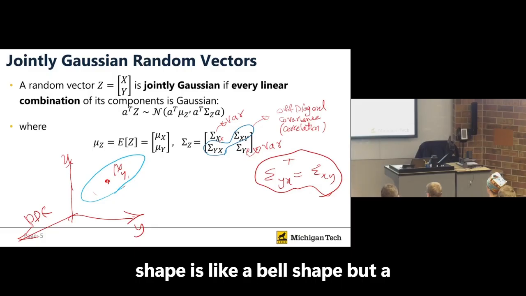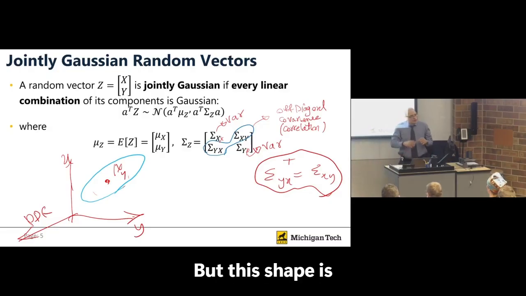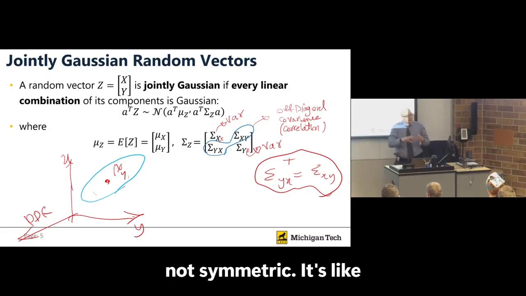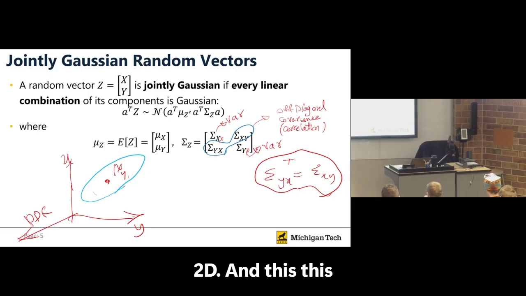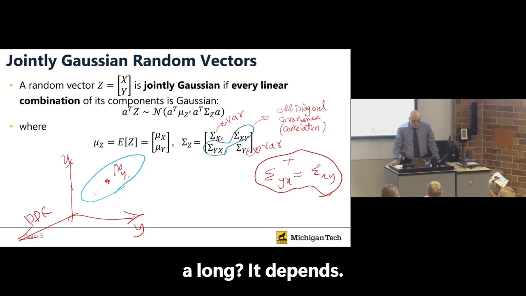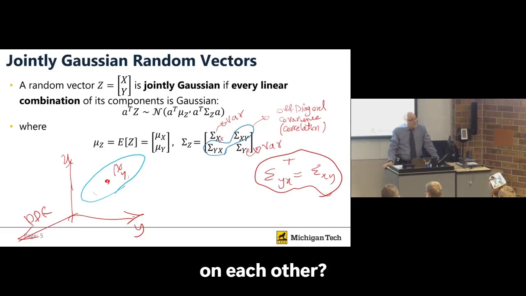That's why it's a Gaussian shape. It's like a bell shape, but a 3D bell. But this shape is not symmetric. It's like an ellipsoid in 3D, an ellipse in 2D. And how much it is elongated at an angle depends on how much x and y depend on each other.